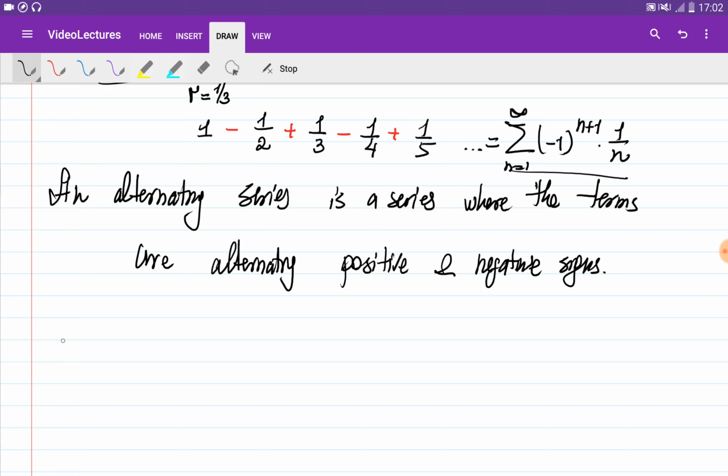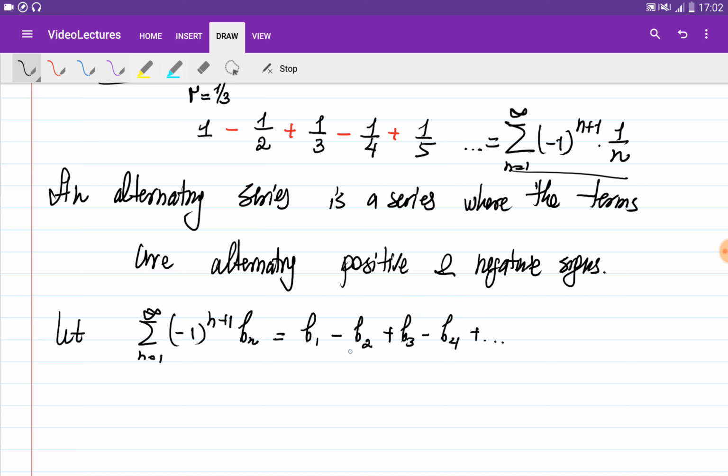So if we're given the alternating series, summation of minus 1 to the power of n plus 1 times bn, n goes from 1 to infinity, it can be written as b1 minus b2 plus b3 minus b4, and so on. So the terms of the series alternate their sign: positive term, negative term, positive term, negative term, and so on.